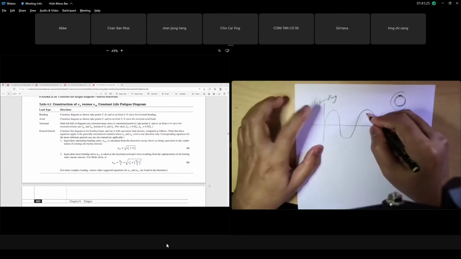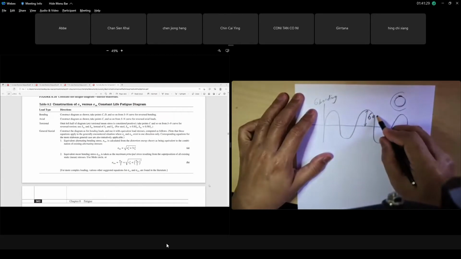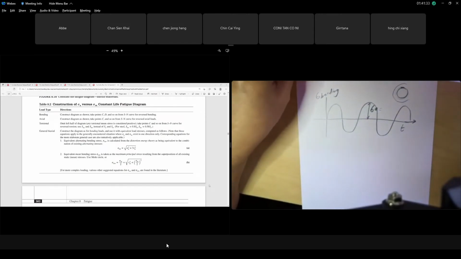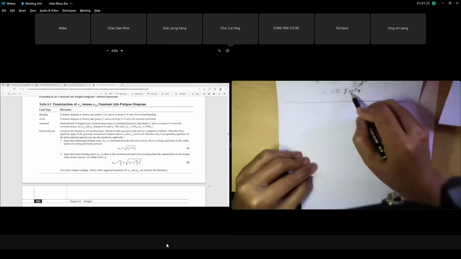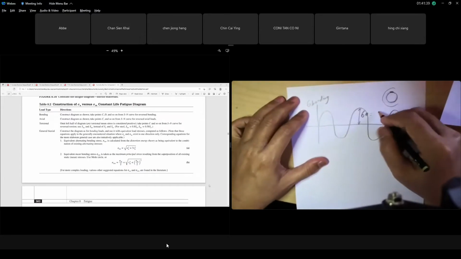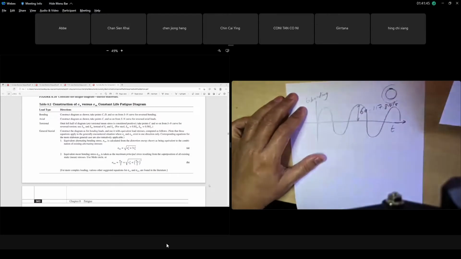So we only have sigma amplitude. What is your sigma amplitude? The sigma amplitude that you calculated yesterday, times the KF bending, is 117.8 megapascal. That is your amplitude. So this is your sigma amplitude bending, 117.8 megapascal, times KF bending.